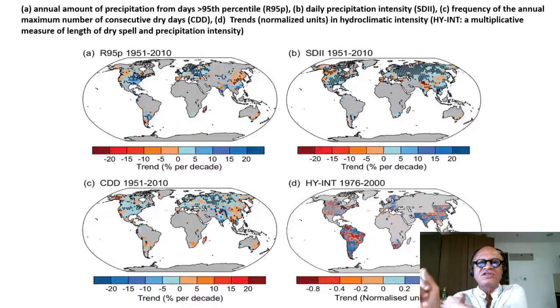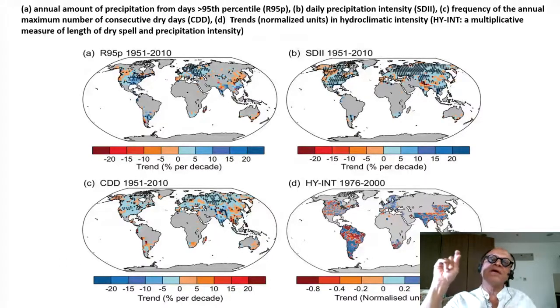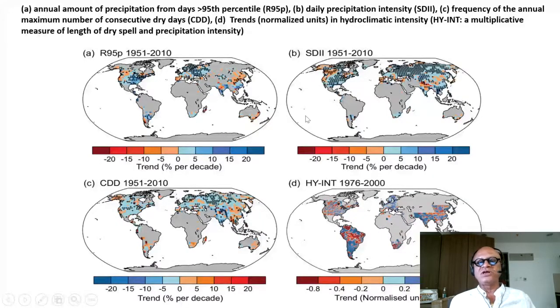So you take a rainfall distribution and you look at rainfall in the top 95th percentile, and you look at the annual amounts received on those days, and you can see that there are many regions where R95P has increased and there are places where it has decreased. So there are complicated patterns over India, for example. SDII is daily precipitation intensity. So again, various blotchy patterns. The plus marks here refer to statistical significance.